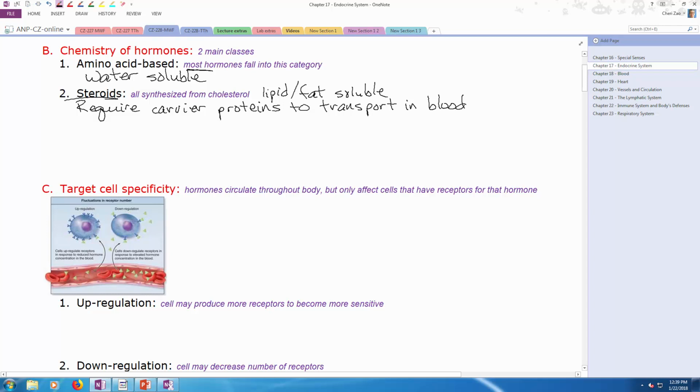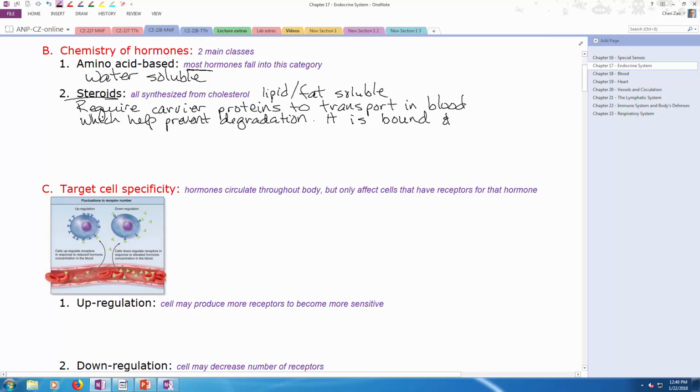These carrier proteins help prevent or slow down degradation, and degradation is breaking down of these proteins. And this is an interesting process: whenever the carrier protein is moving it around, the hormone is bound. So hormone is bound when it's moving it around.